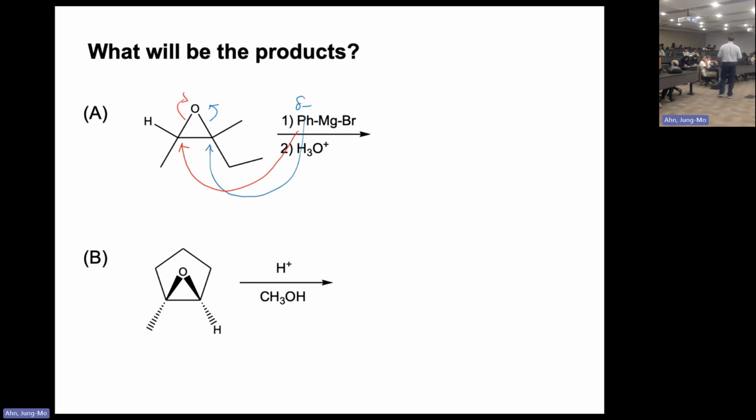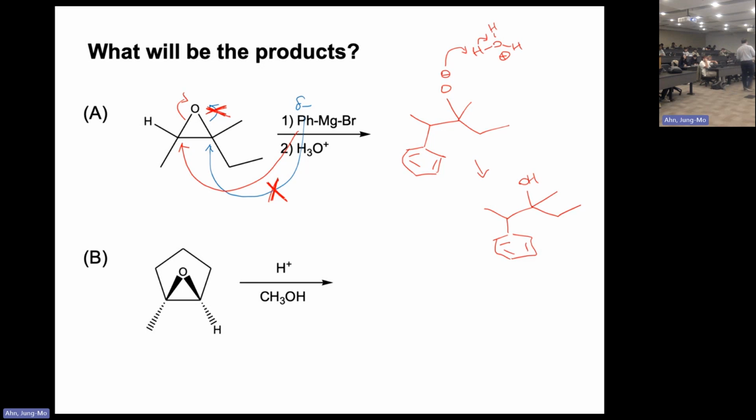It will go to the less substituted side and open it up. So you get the phenyl group sitting on the less substituted side, and the OH on the more substituted side. Then we pick up the proton in the second step and it becomes an alcohol. That is what I want you to remember for the nucleophilic attack of the epoxide by a strong nucleophile.